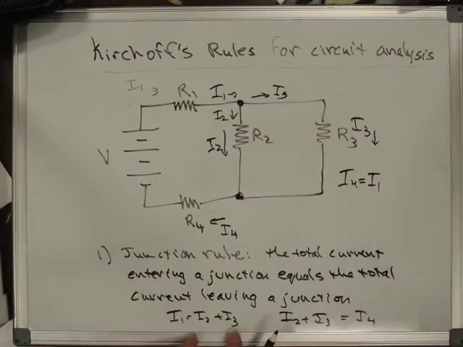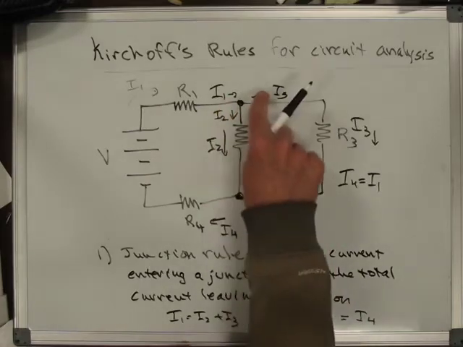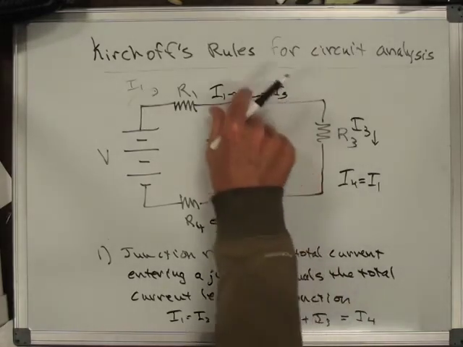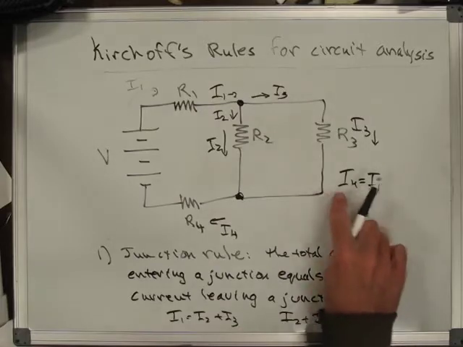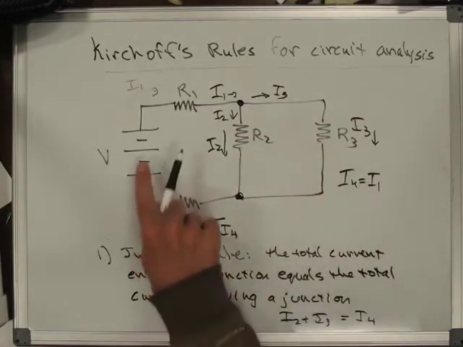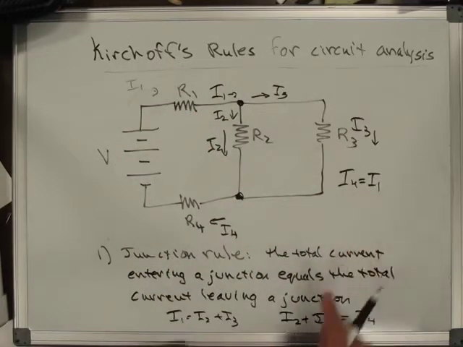In fact, we've already said this. Since I1 is getting split into I2 and I3, it equals those two. And similarly, the current coming through into the battery equals the current going out, so I4 is equal to I1. But Kirchhoff would say it in this way.